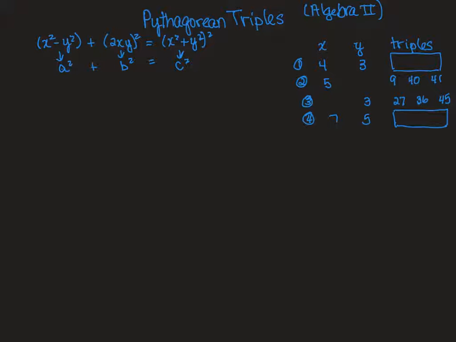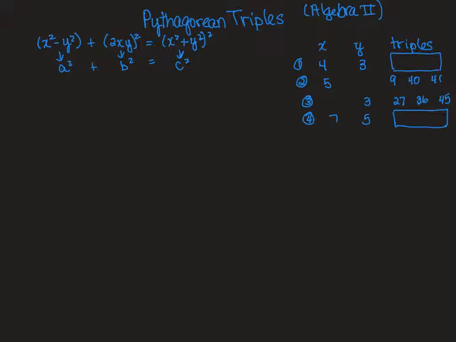I'm going to do 1 and 4 first because I think they are the easiest, to get to know and become fluent in the equation. In 1, X is 4 and Y is 3, and it asks what the triples are.